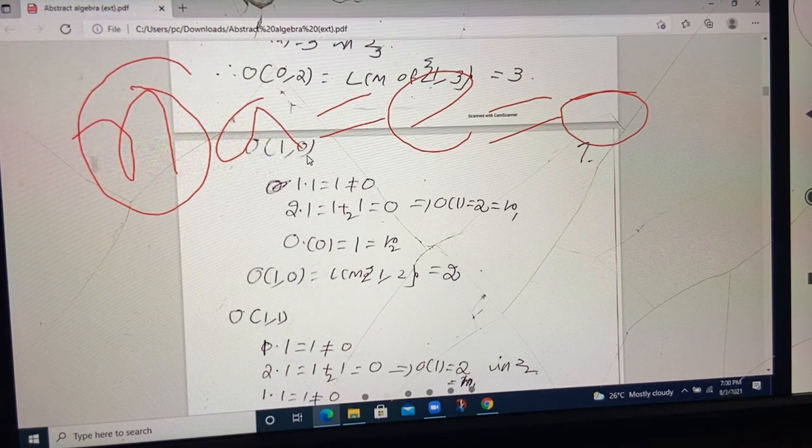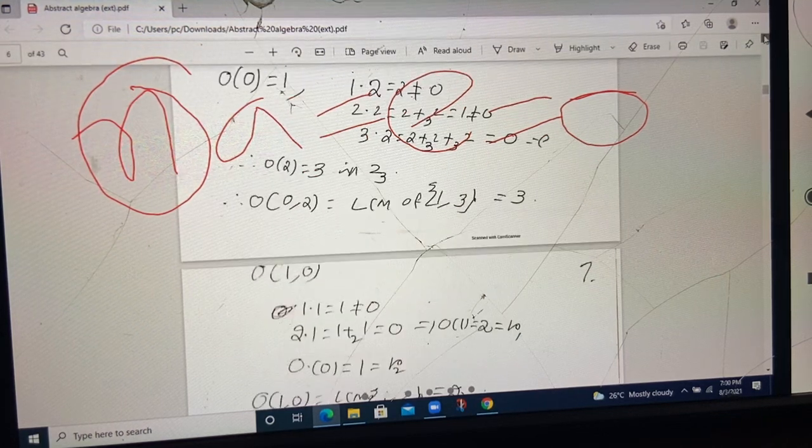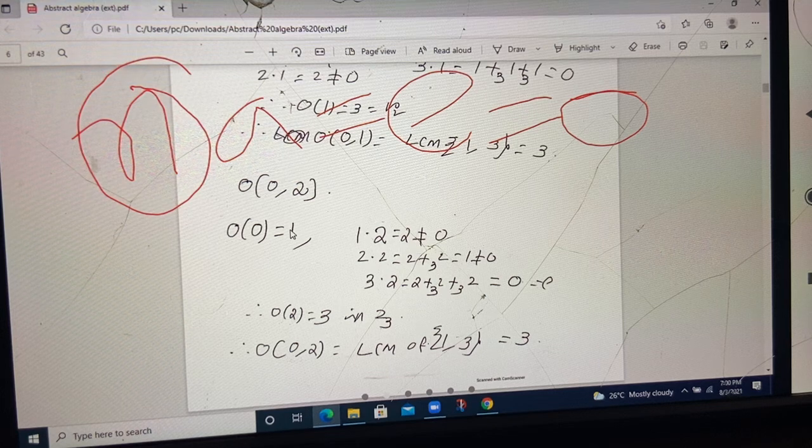The order of (1, 0). For 1, we have to find the order in Z2. 1 into 1 is 1, which is not 0. 2 into 1 is 1 plus 1 under modulo 2, which is 0. What is the order of 1 in Z3? Earlier we found it is 3, because it was in the second place.